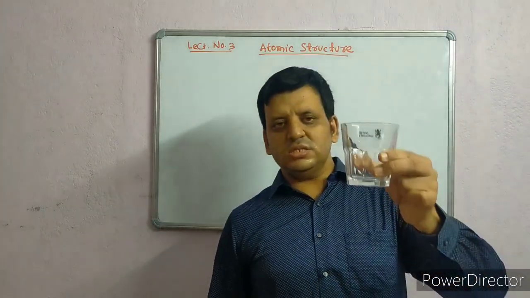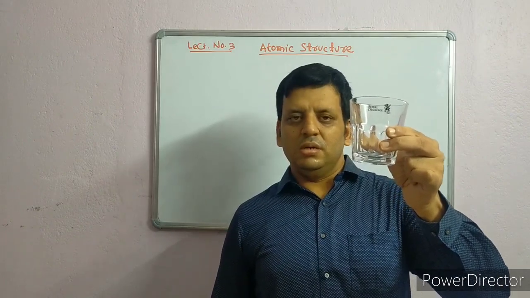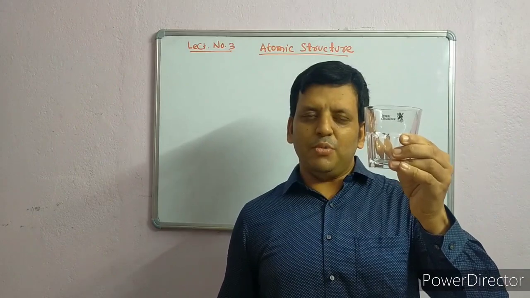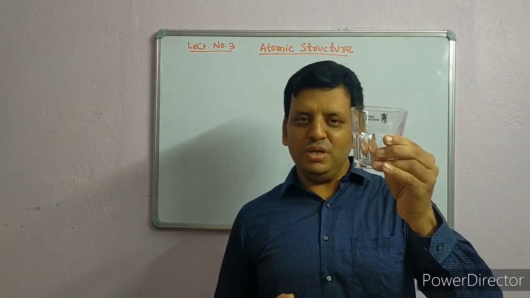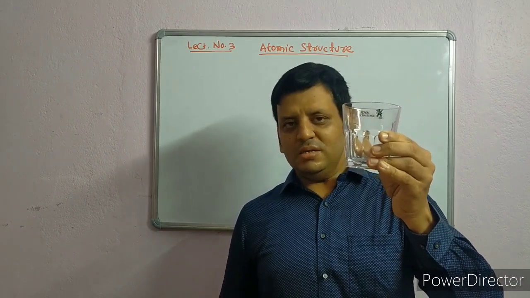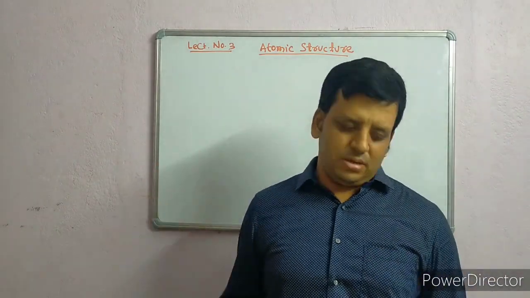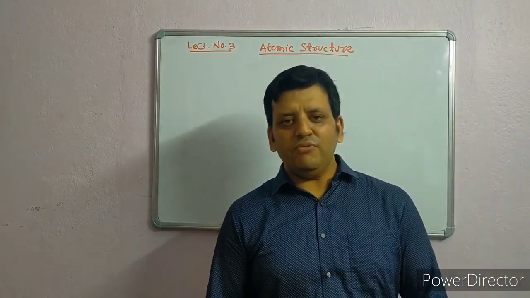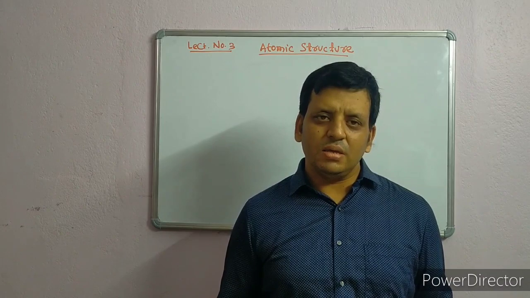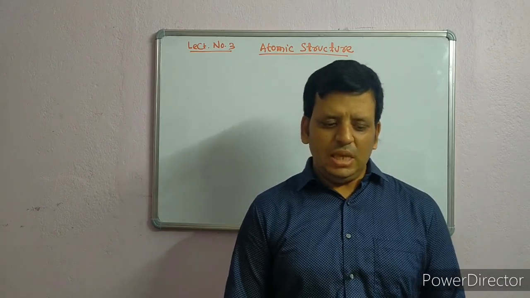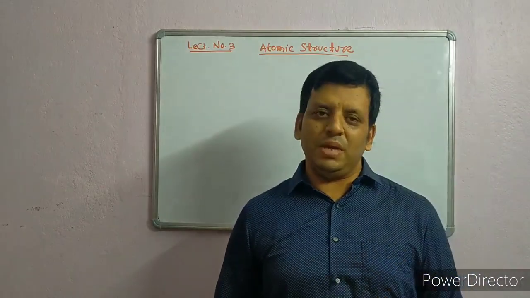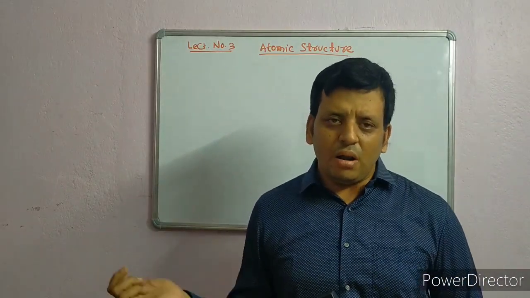All of you can see this glass. If this glass is hammered and broken, I cannot do it here, but assume that it has been broken to the very last point. So what are you going to get? Again something very small. So the question arises, if I am cutting this duster to the very last point, I am getting something very small.